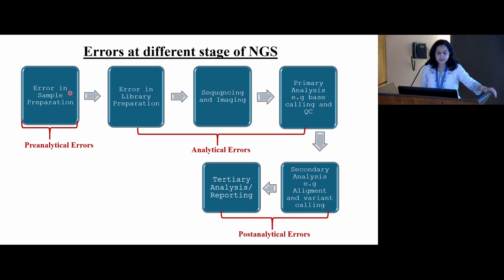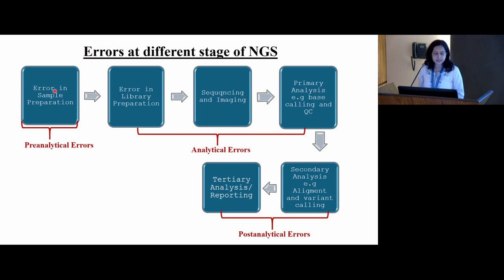In pre-analytical errors, the sample preparation comes. In the analytical errors, you can consider library preparation from extraction onward, base calling, and the quality check of the library. After that, in the post-analytical errors, your alignment, variant calling and reporting come under the post-analytical errors.